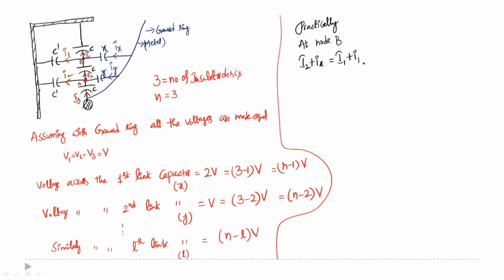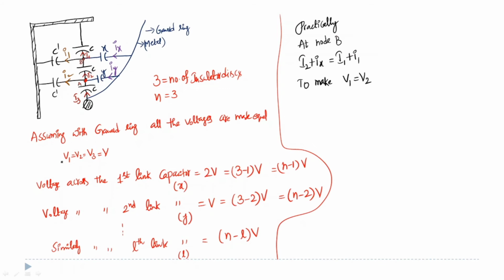Now, when I1 is equal to I2, then only you will have the same voltage across each capacitance. So to make V1 equal to V2, my intention, my requirement, is to make the voltage across each disc the same.